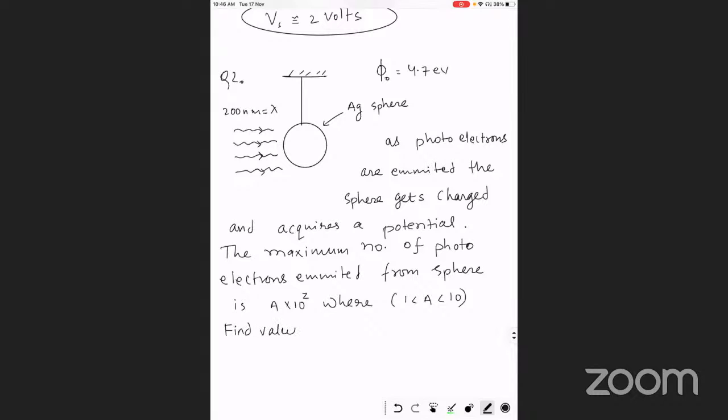Find value of Z. Read question first, 2-3 times. You need to read it.